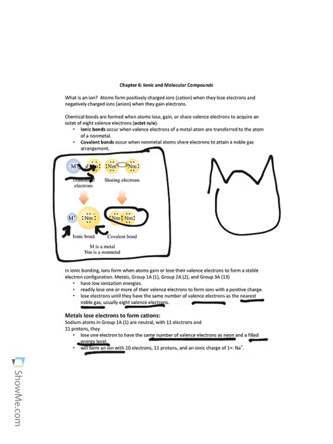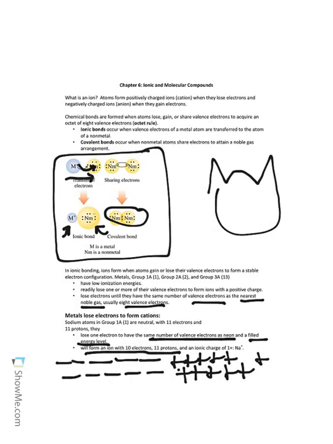Sodium forms an ion with 10 electrons and 11 protons. Therefore, it has 11 pluses and 10 minuses. Okay. 11 pluses and 10 minuses leave you with an overall of +1.